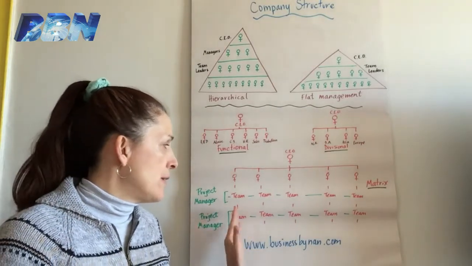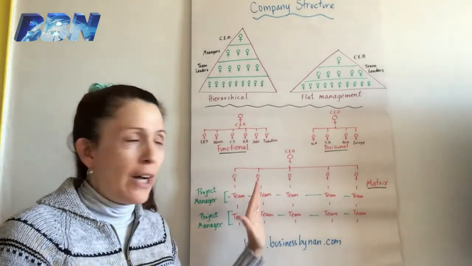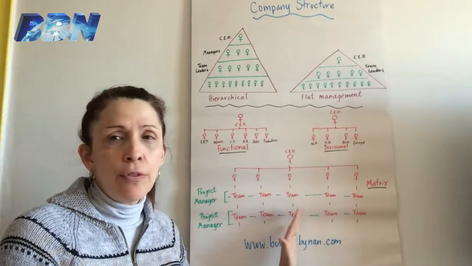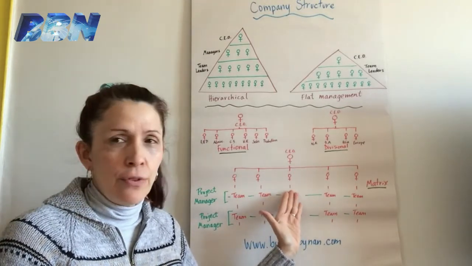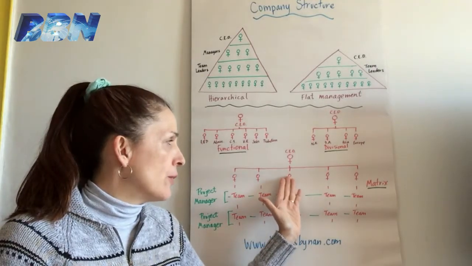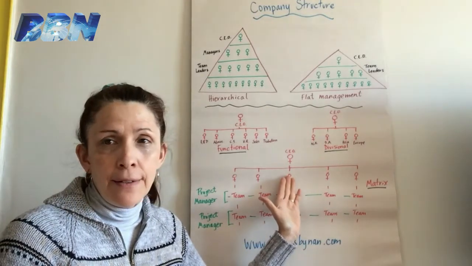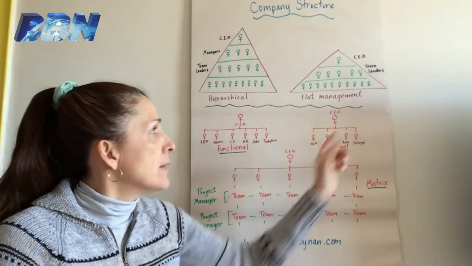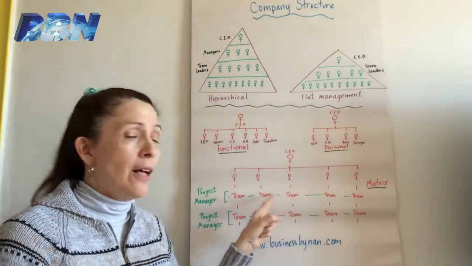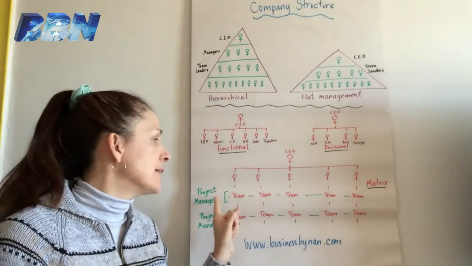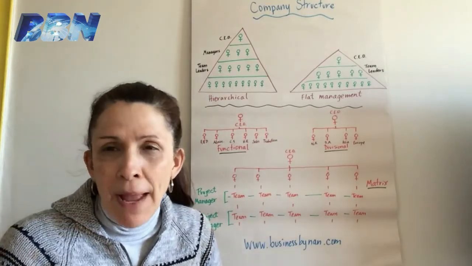So you'll notice that there is some kind of hierarchy, right? They're going to report vertically to their team leader or to their head, right? The team leaders here. But at the same time, they all also are going to report horizontally to their project manager.